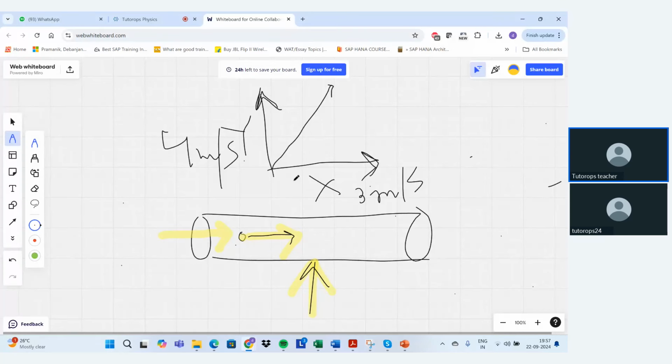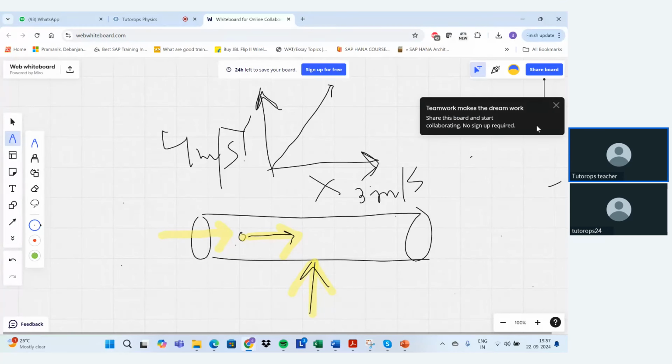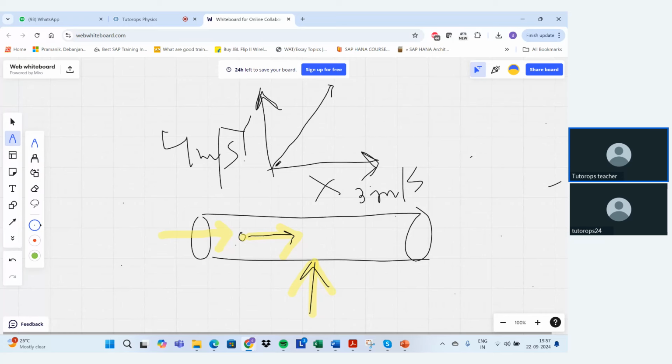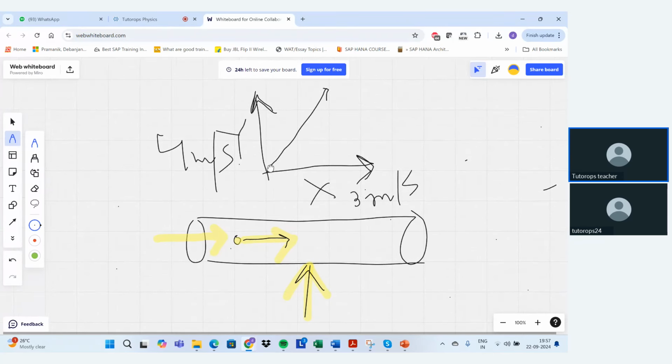To understand that, there are two things. Any vector quantity has two parts. One is my starting point, and the other is where it ends. One is called the head and the other is the tail.